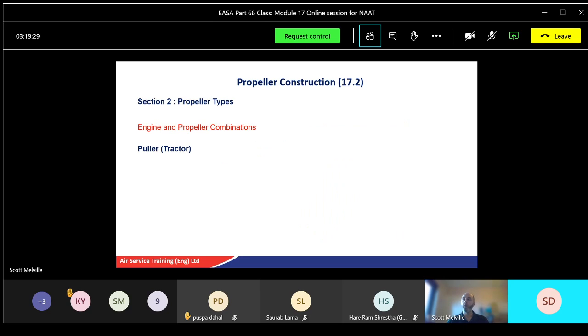Now, engine and propeller combinations. The propeller can be at the front of the aircraft, the propeller can be at the back of the aircraft, or the propeller can be at the front of the engine, and the propeller can also be at the back of the engine. So I've got a few terminologies here. An engine that's classed as a puller, we call a tractor. A tractor pulls things. So this is when the propeller is fitted to the front of the engine, and the engine is then normally located in the front of the wing.